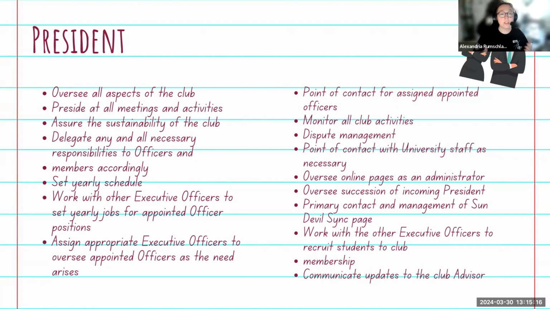So if an officer says, I can't do this, I don't know what to do, you are the one that sits back and says, okay, this is how we need to fix this. If the VPs can't help, they assign it to their certain officers that they have. You also are the point of contact for the university. So as the president, you will get a lot of emails.